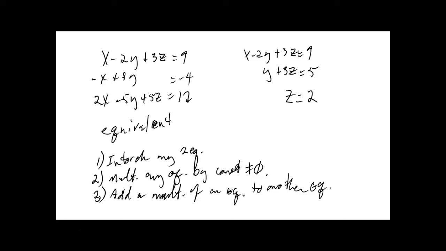Okay, now rewriting a system of linear equations into row echelon form usually involves a chain of equivalent systems, each of which is obtained by using one of those three basic operations. That process is sometimes called getting it in row echelon form or Gaussian elimination.